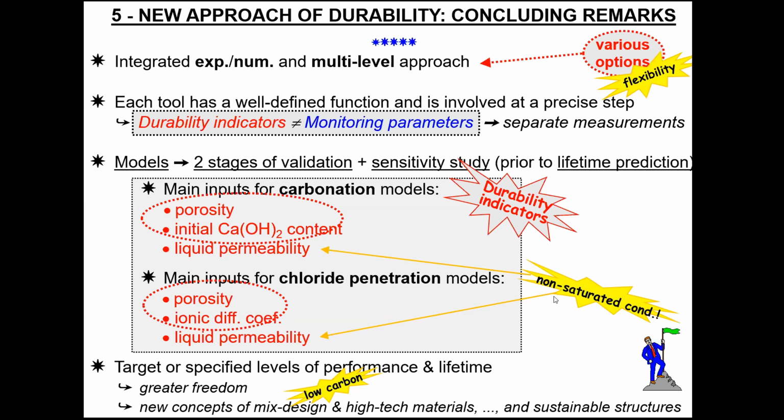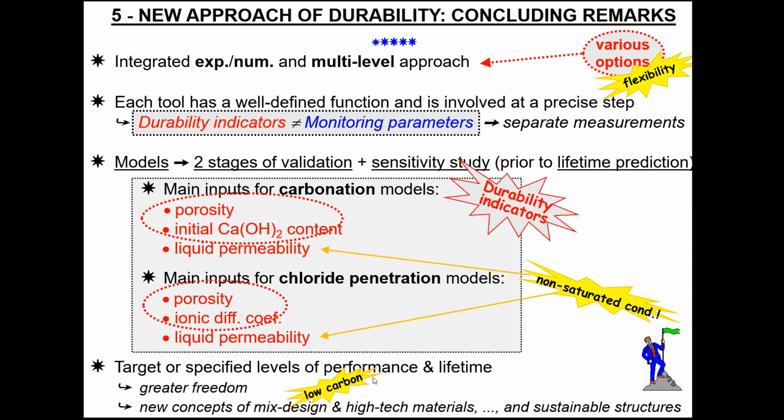And when you are in non-saturated condition, which is the usual case, you also need transport properties able to quantify moisture transport, and the most relevant is liquid permeability. So you can see that these parameters are needed even when you use a very simple model based on square root of time. For example, you need at least porosity and one additional parameter.